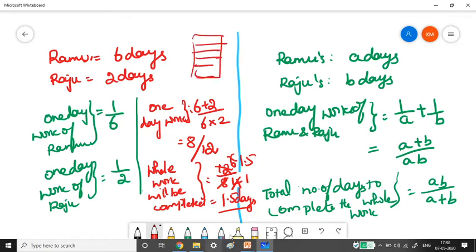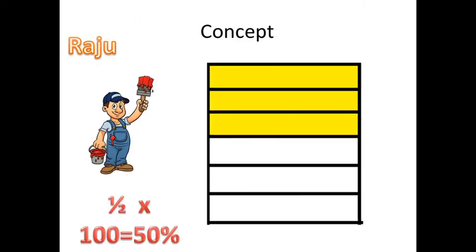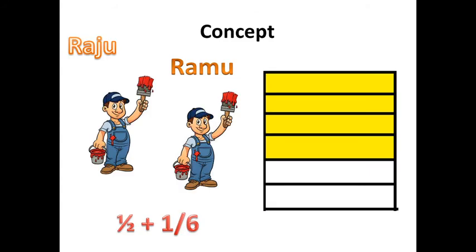I'll take you to the slide and show you. Just see here. If Ramu and Raju paint together, in one day they'll complete 1, 2, 3, 4 blocks. And for the next day they have only 2 blocks. If Raju paints 3 blocks in a day, he paints 1.5 blocks in half a day.